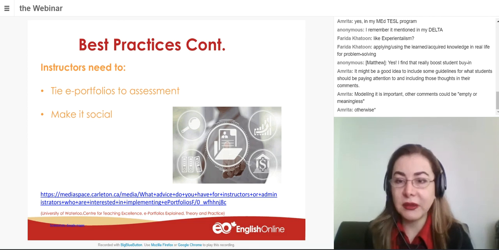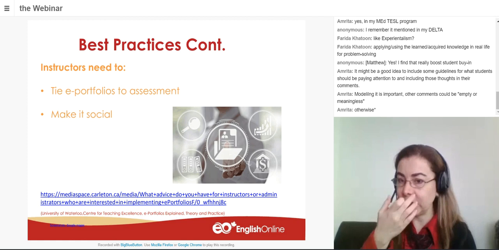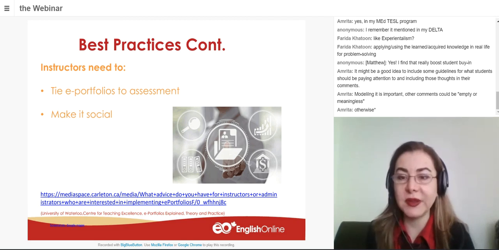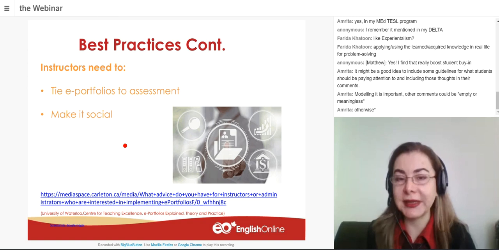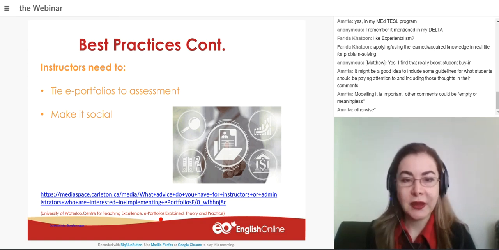And we're going to come across this later on, how to assess. And I would love to hear your thoughts on this as well. How can we assess e-portfolios? There are different opinions about this, a little bit debatable.